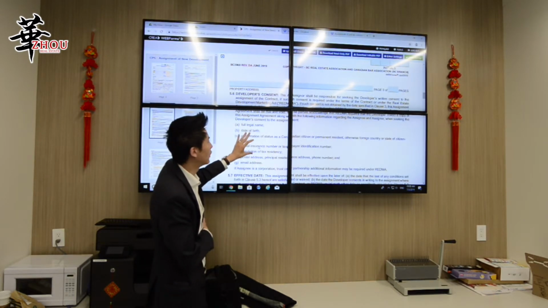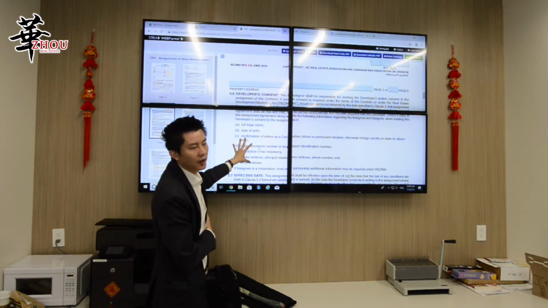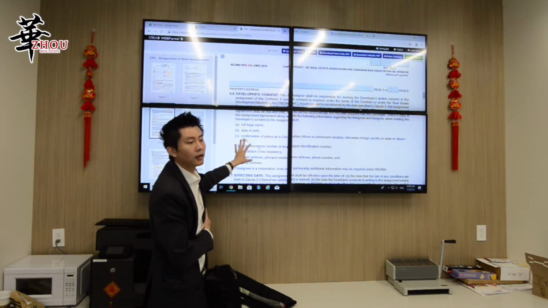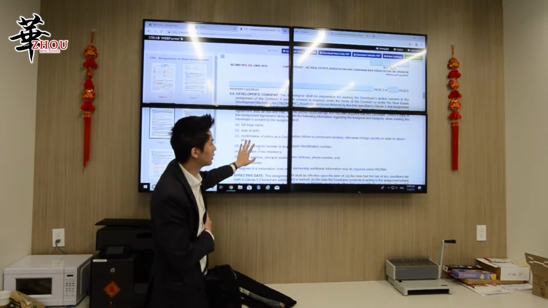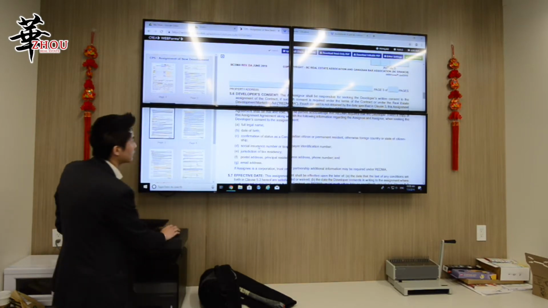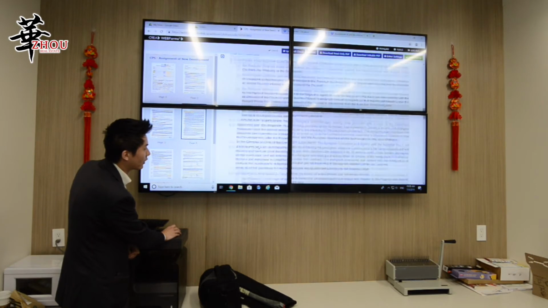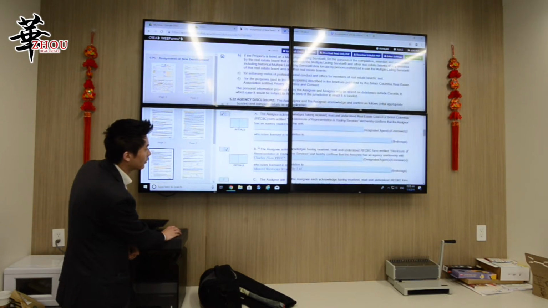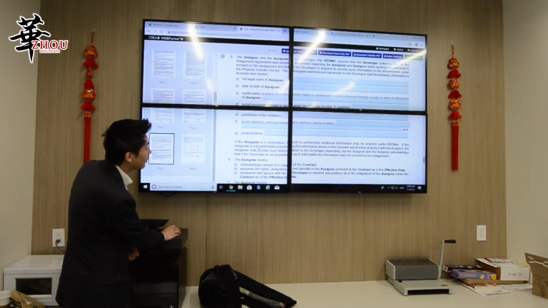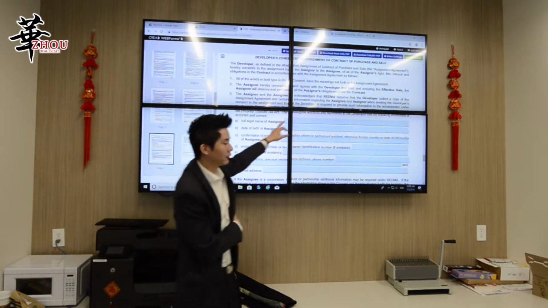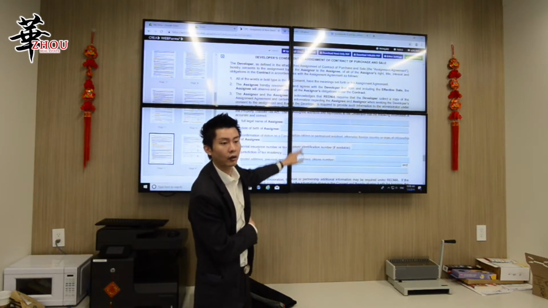So now you have to fill in everything for your assignee on the contract. So normally they will have lines. I think at the back here they have some lines for you to fill in. Yeah, here. See? They have lines at the back for you to fill in all the information.